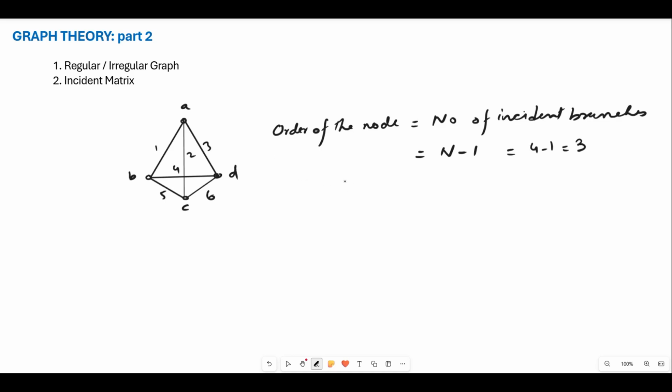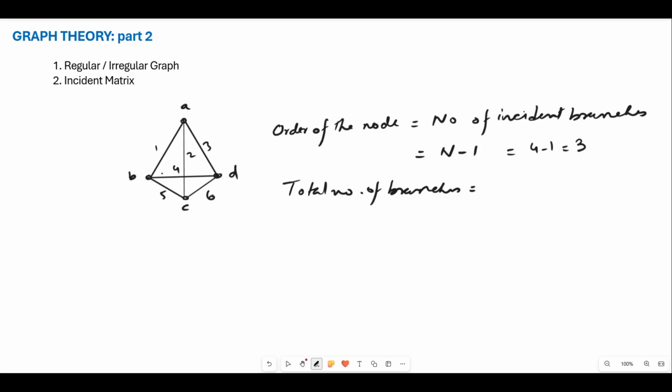So now moving into the total number of branches. Let's see how it can be calculated. For node A, we have 3 branches, 1, 2, 3. Now if we move to node B, then we have 1, which is already counted.